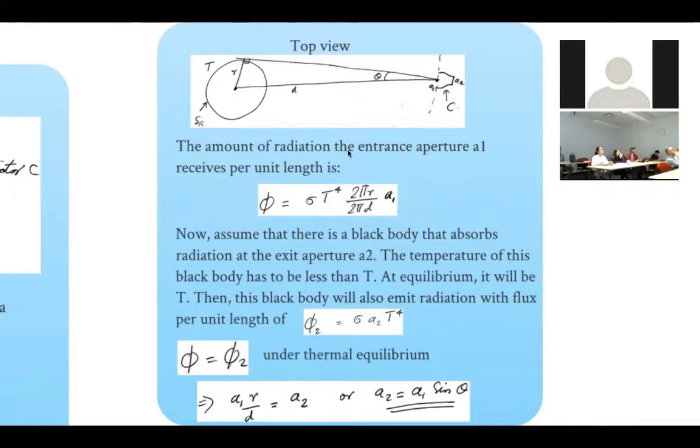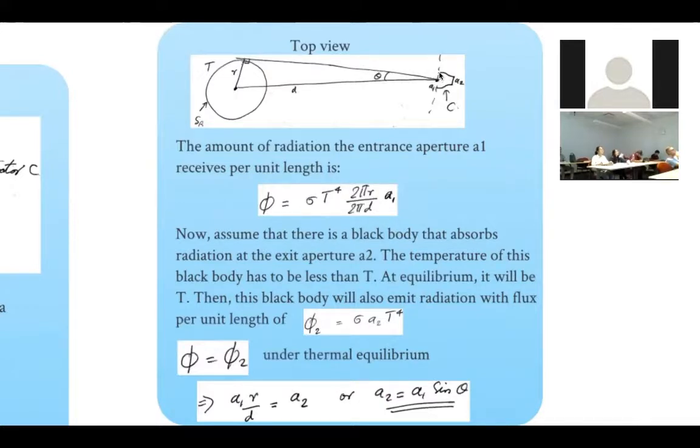So the amount of radiation the entrance aperture A1 receives per unit length, so we know there's a flux that's emitted per unit length from the source. What is intercepted by this concentrator is what is spread across this large cylinder, right, of radius d, that is in the denominator.